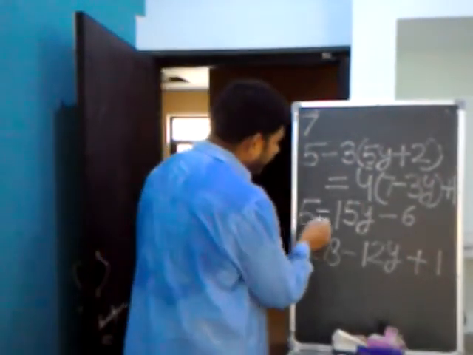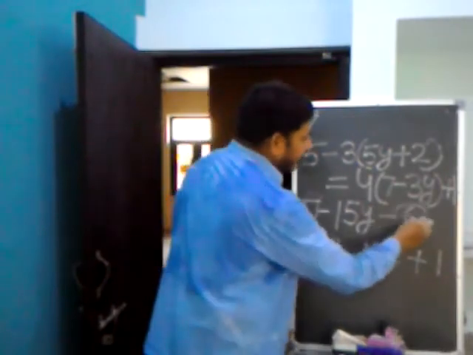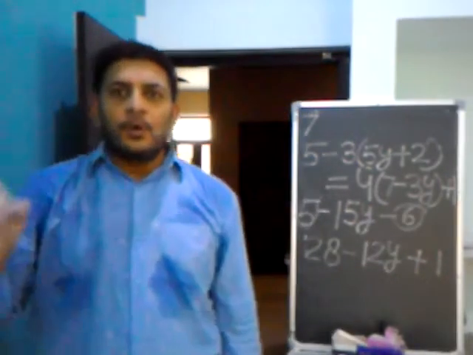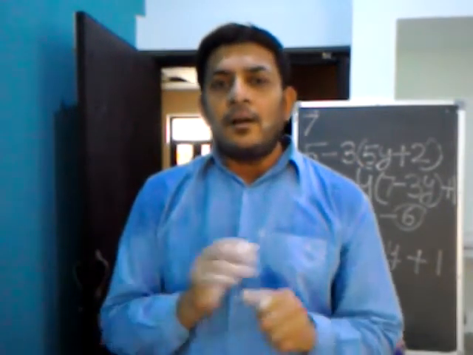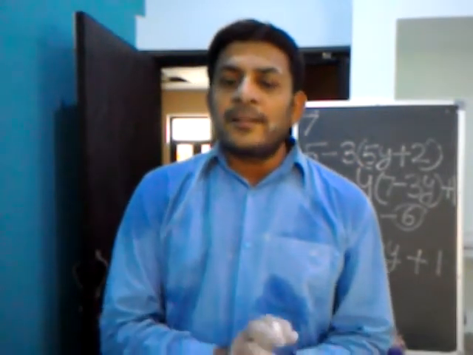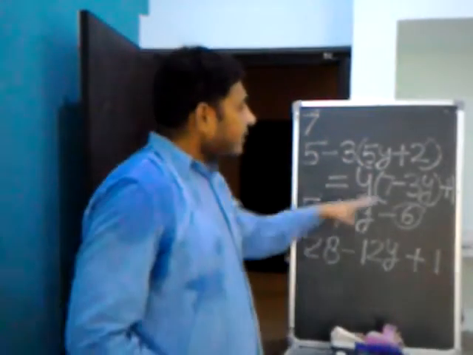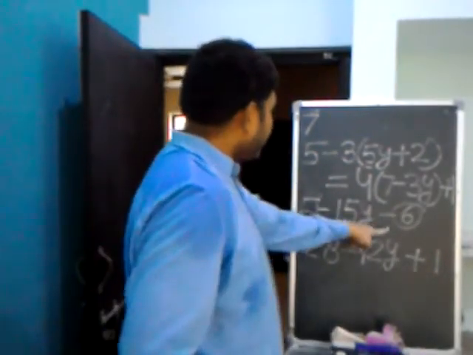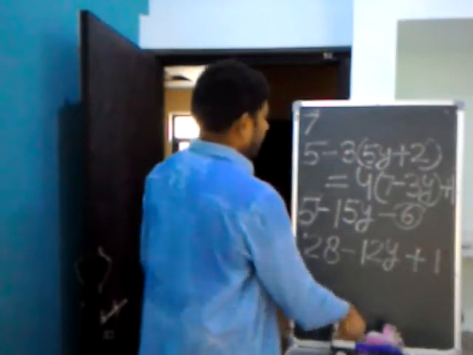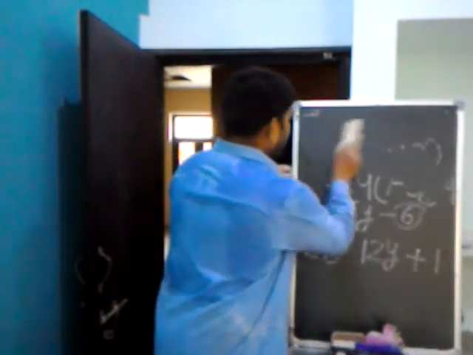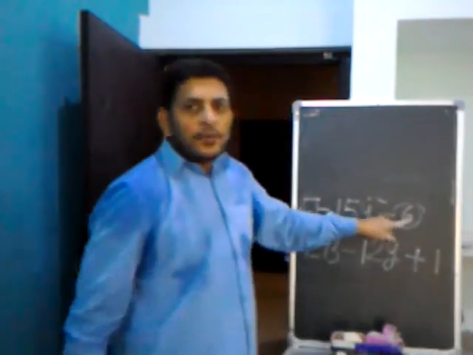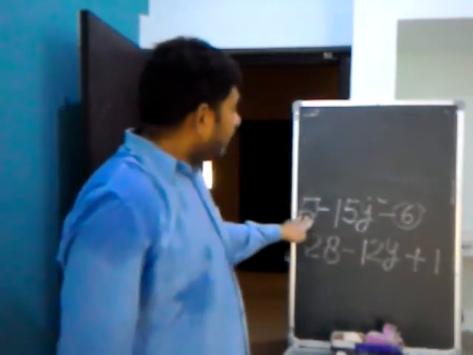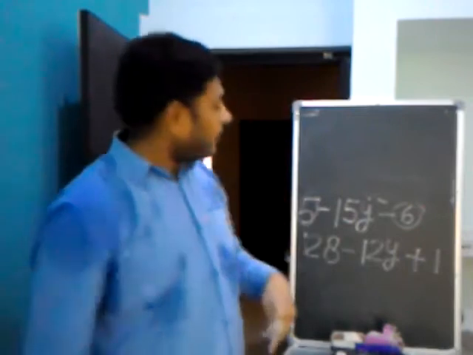Now here there is 5 and there is 6, both are pure arithmetical terms. We can subtract, add, multiply or divide pure arithmetical terms on one side. So I subtract them. 6 is minus 6 and 5 is plus 5, so there will be subtraction.